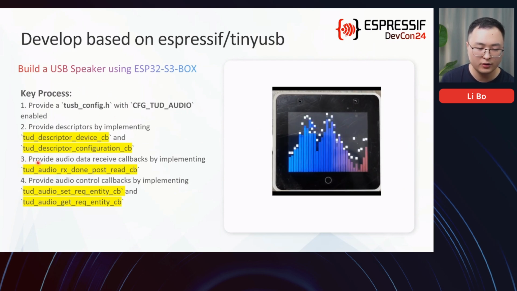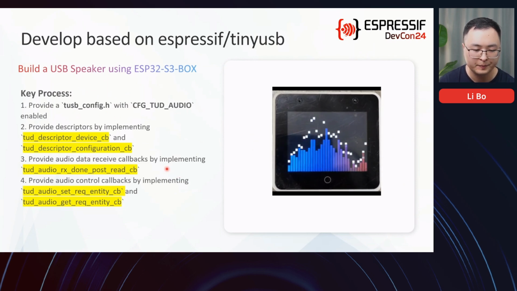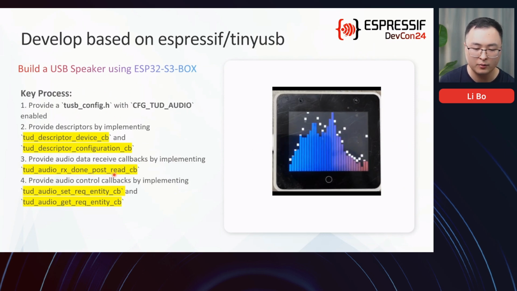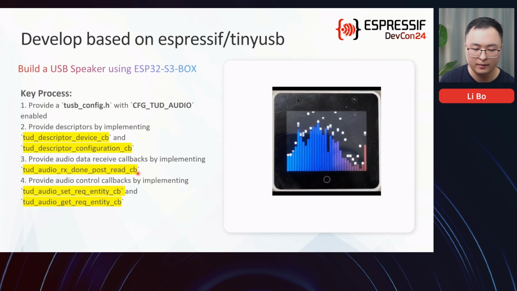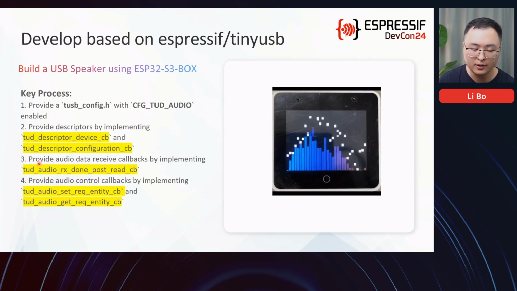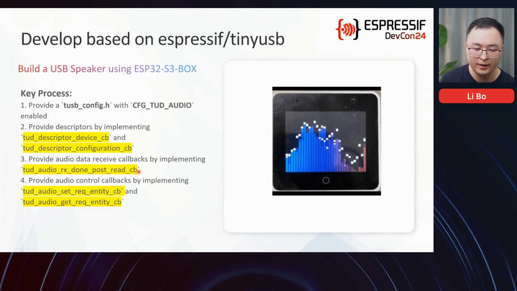And you also need to implement some callbacks about the data receiving for the USB speaker. By implementing the RX done post callback, you can get informed after each transfer. In the transfer complete callback, you can pass in the data.